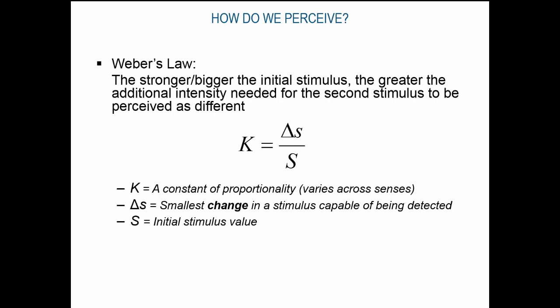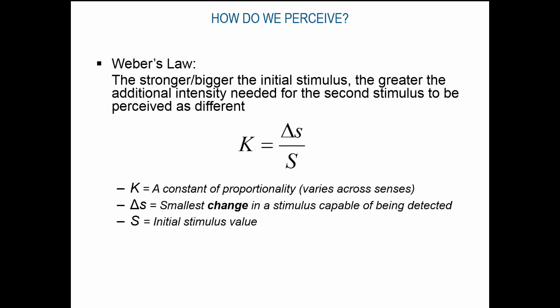According to this law, the minimum change needed so two stimuli can be perceived as different depends on the intensity or size of the original stimulus. The bigger the value or the intensity of the initial stimulus, which is denoted by capital S in the denominator of this equation, the greater the change required so that the second or modified stimulus can be seen as different.